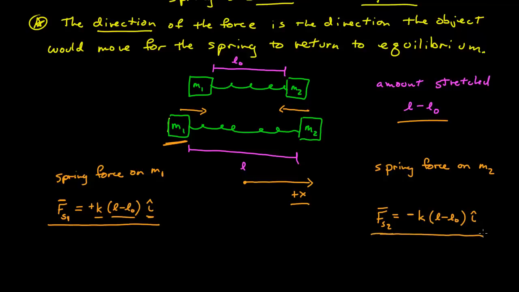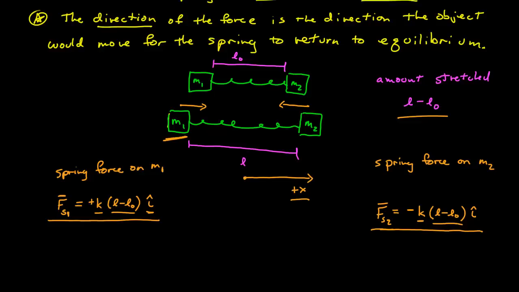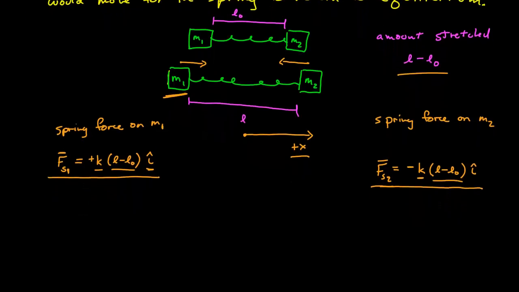So the force on mass 2 is given by the negative x direction, the constant k, times the amount that the spring is stretched. In this case, we have a different mathematical representation for each object, but the methodology was the same. We took our spring force, and then given our system and our coordinate system, we were able to come up with a mathematical representation for that force.